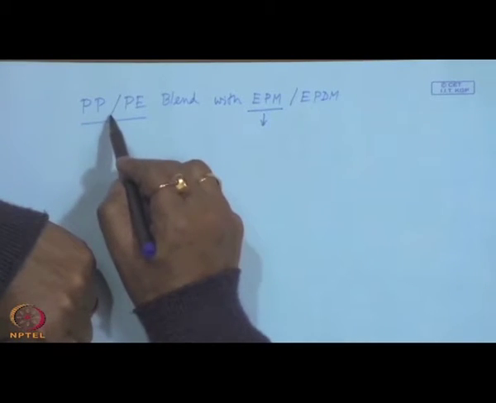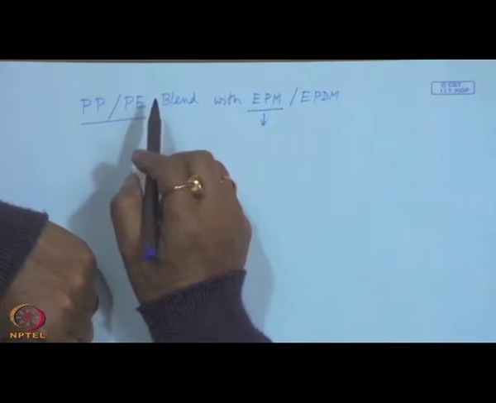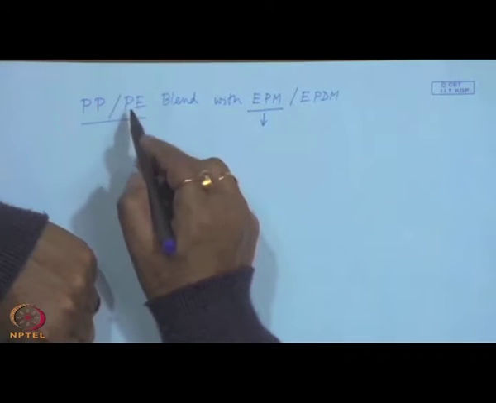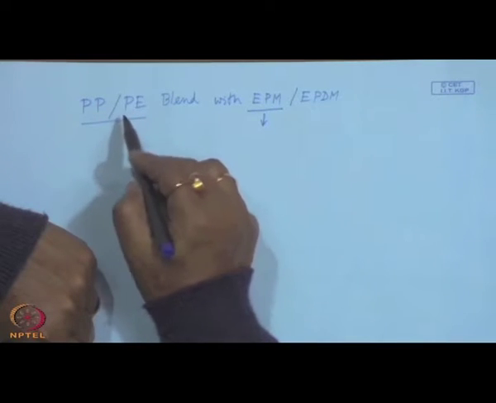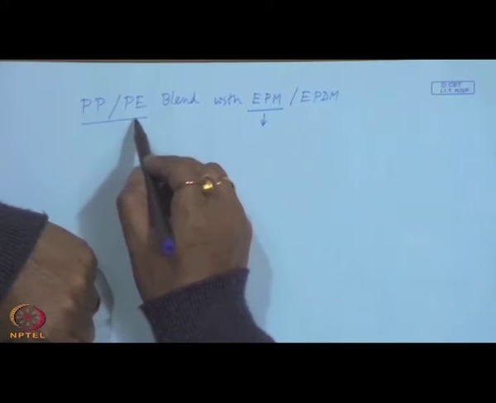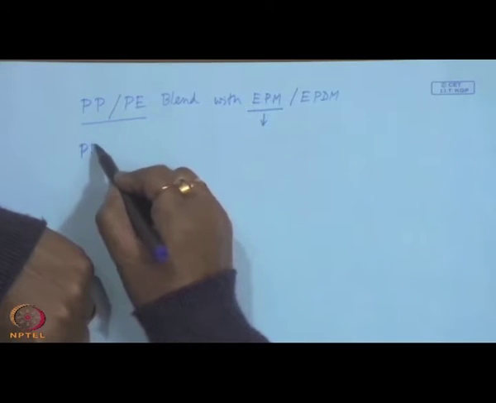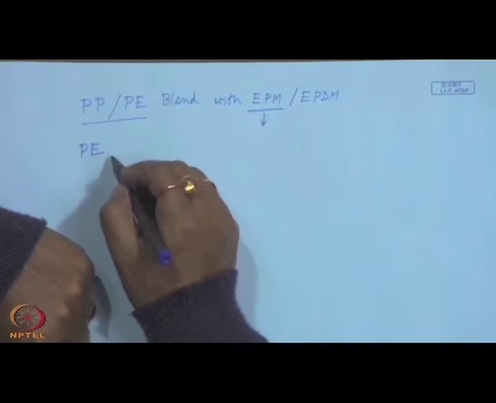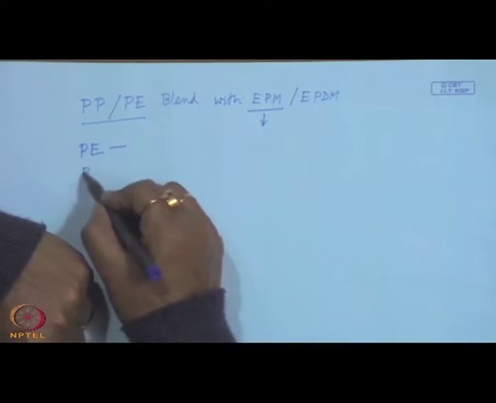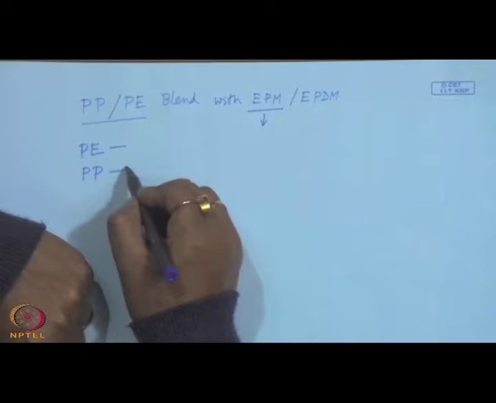Now, in this polypropylene and polyethylene, although both are plastics, these two polymers contain different chemical units. Now, polyethylene is structurally symmetrical in one way, and polypropylene is also structurally symmetrical in other way.